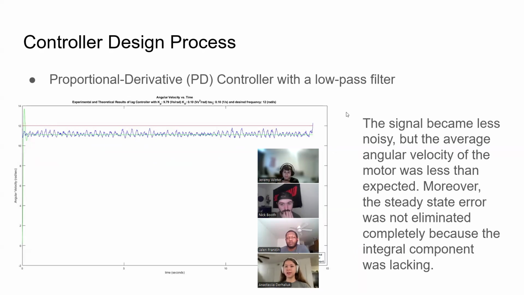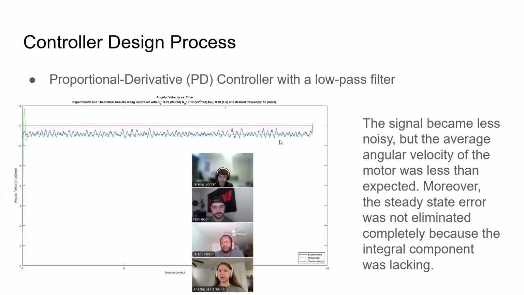On this slide, you can see the output was a proportional derivative controller with a low-pass filter. The signal became much less noisy, but the average angular velocity of the motor was less than expected. Moreover, the steady state error was not eliminated completely because of the missing integral component. That's why we decided to test a different controller in the next experiment.